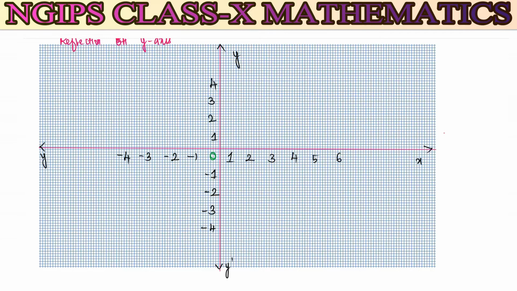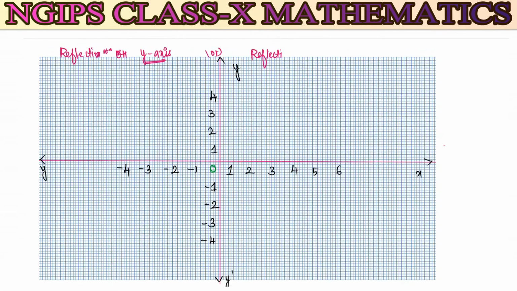So in this, when it is y-axis, it means reflection at a point on y-axis, or you can write it as reflection at a point on a line x is equal to 0. Both are the same. Okay, so here if I have taken your point 2 comma 3, just I am going to write here the point 2 comma 3.